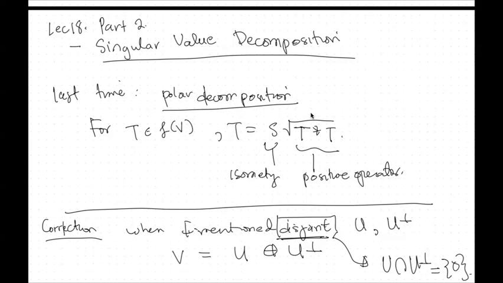This is an analogy of what we have with the complex numbers. Now let's continue with singular value decomposition. I want to finish it so we can proceed with chapter 8 next time.